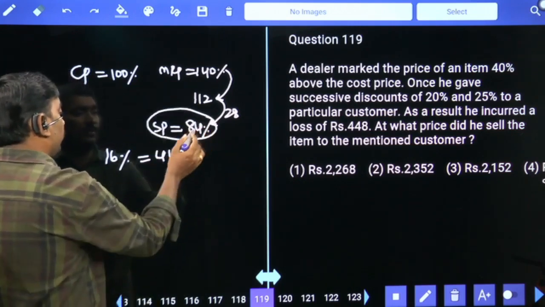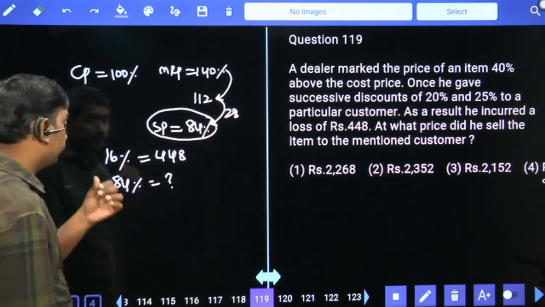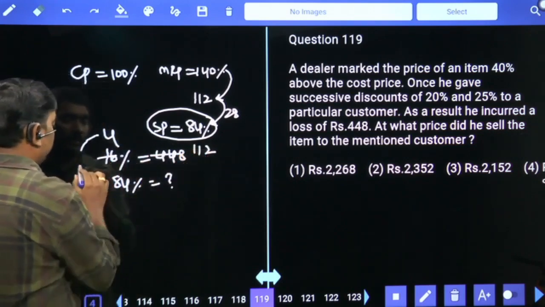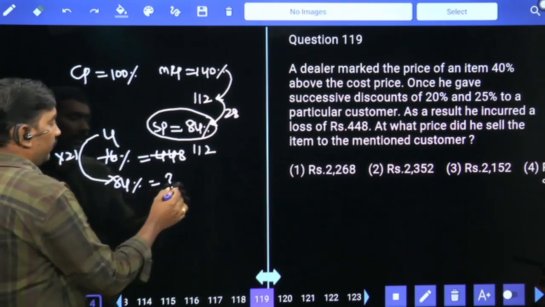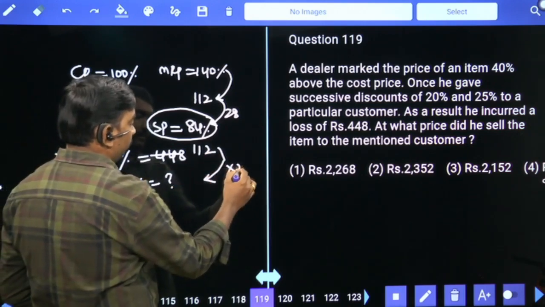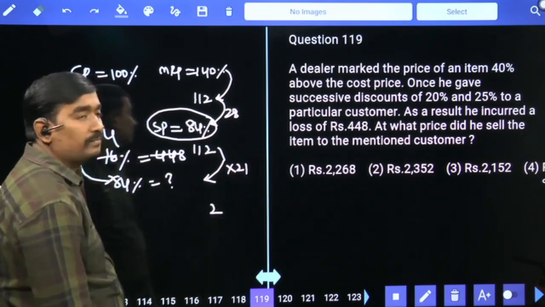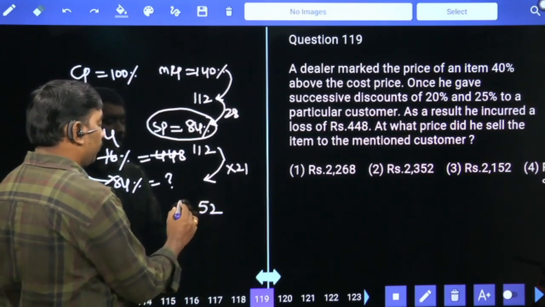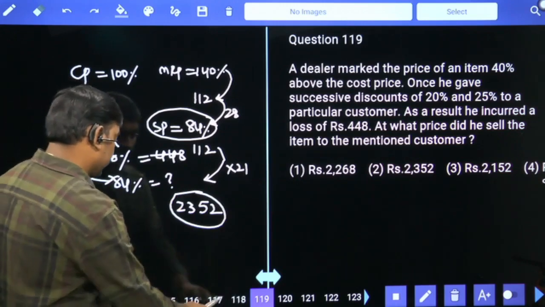Means selling price is how much? 84% is how much? 4 fours are 16, 112 times 4 is 448. 4 21s are 84, then 112 into 21. 21 2s are 42, 21 1s are 21, plus 42 is 2352. Second option is your answer.